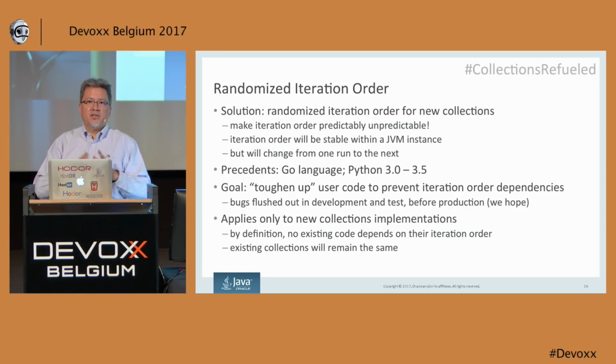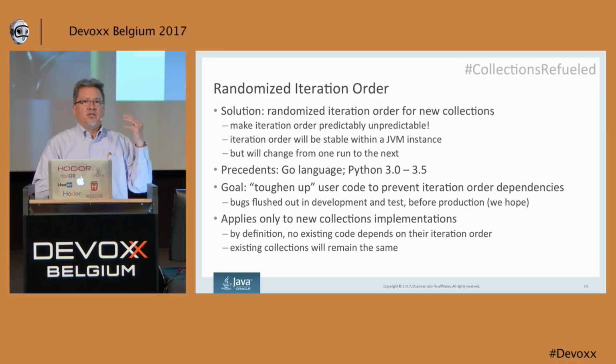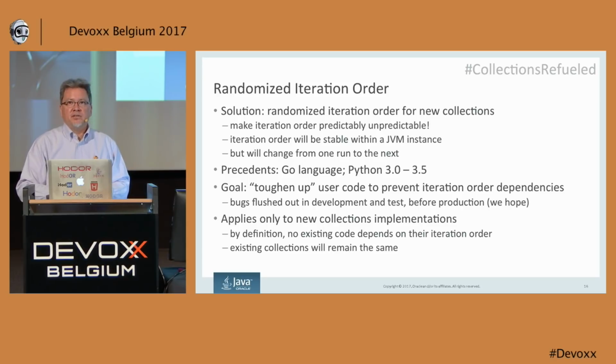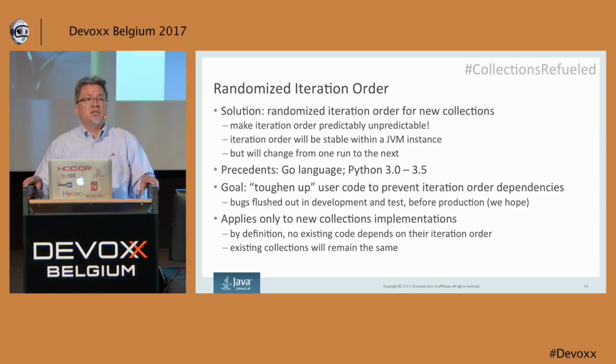So anyway, if you are concerned about iteration order, then don't use these new map implementations. That's one approach. You could stick with HashMap if you're using that, but there are other implementations in the JDK, in particular LinkedHashMap and LinkedHashSet, that preserve insertion order as iteration order.